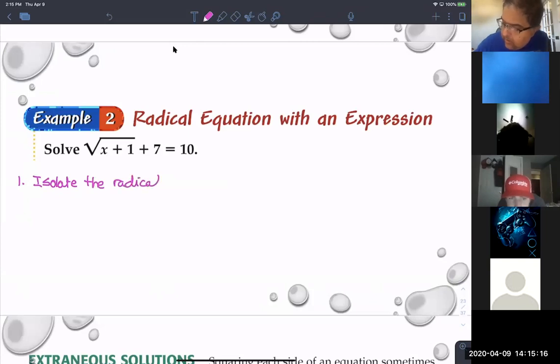So you want to get on one side of your equation just the radical, or whatever's underneath the radical, and you want everything else on the opposite side of the equation, right? Then once we isolate the radical, we're going to square both sides to get rid of the radical.